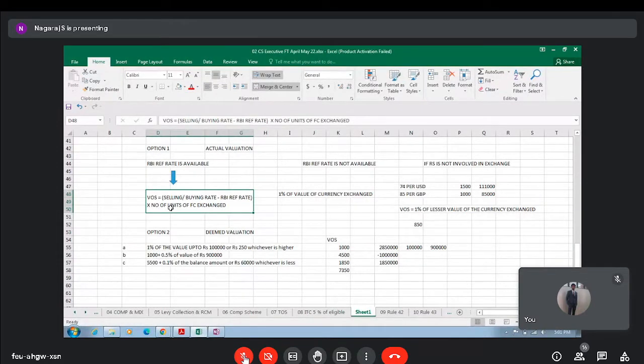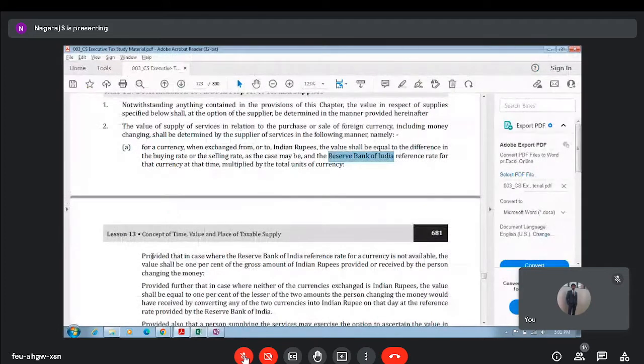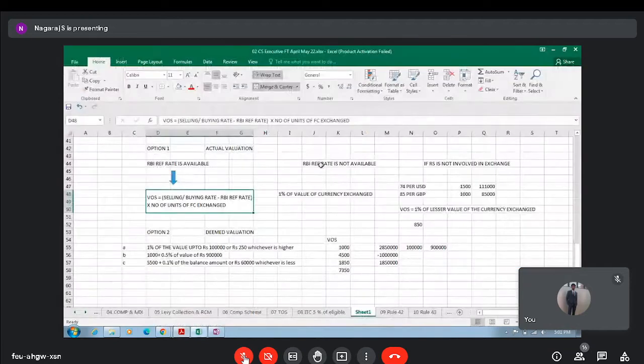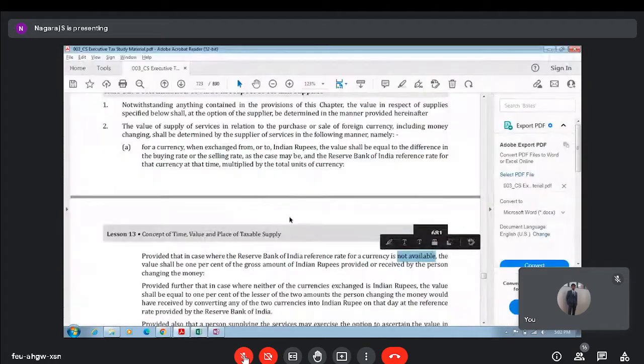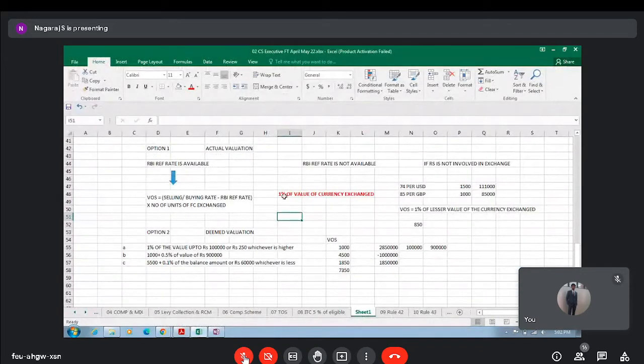Understood? Okay. Provided that in case where the RBI reference rate for a currency is not available, the value shall be 1% of the gross amount of Indian rupees. Understood?